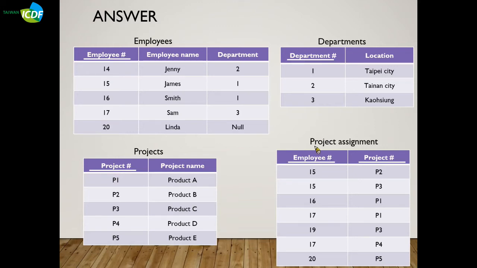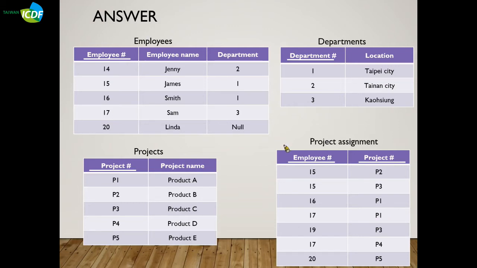And the project assignment table: if we examine each attribute, we can find employee numbers are duplicated, and the project numbers are also duplicated here.